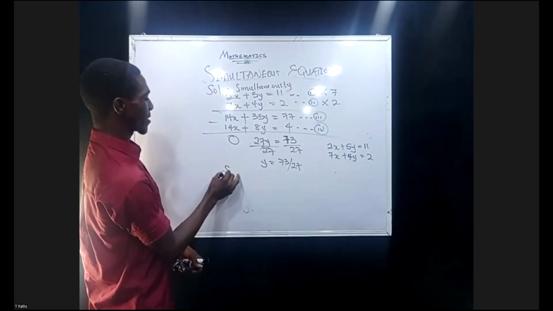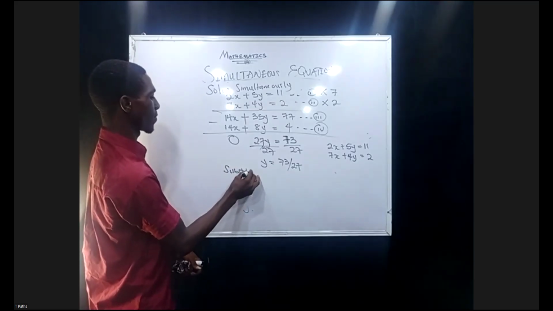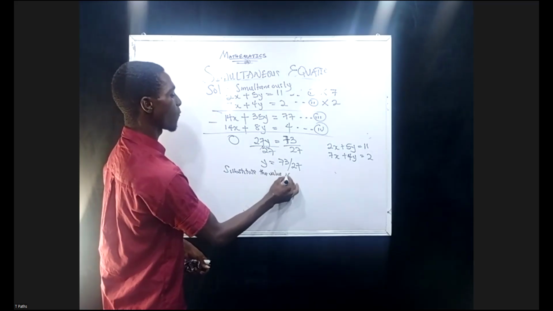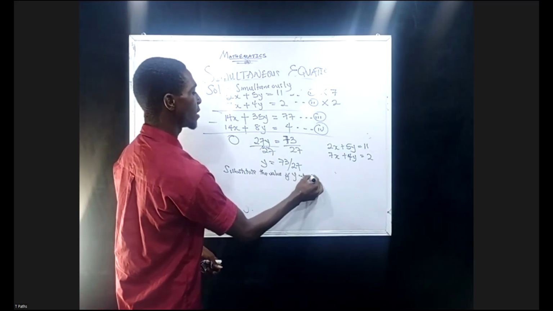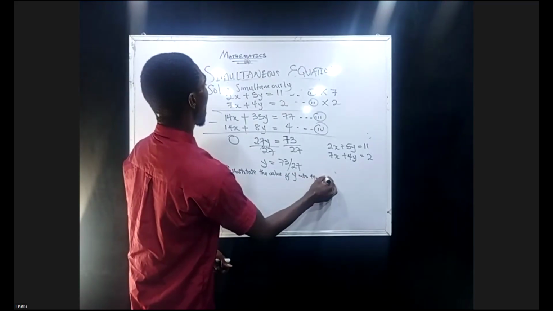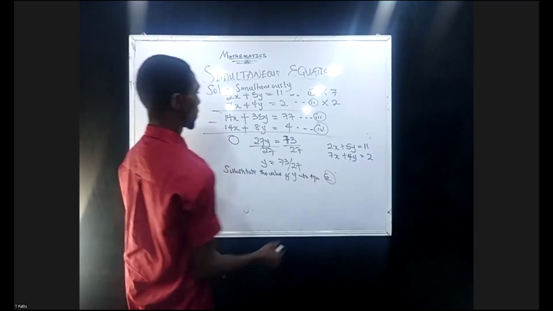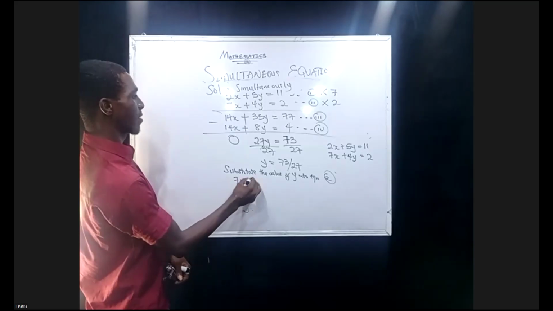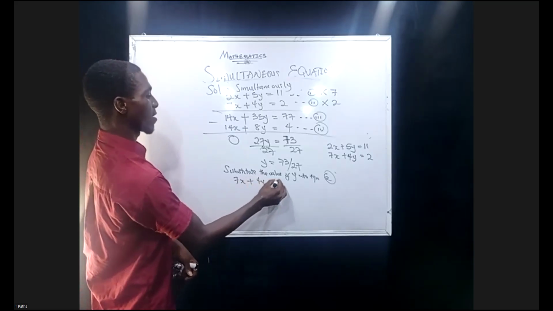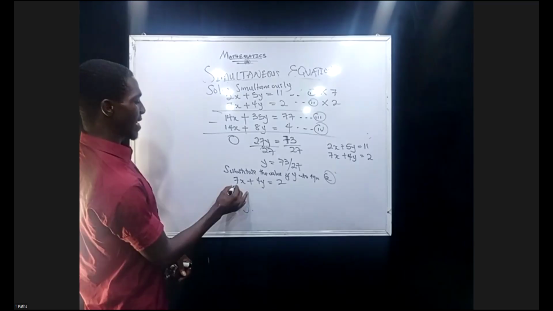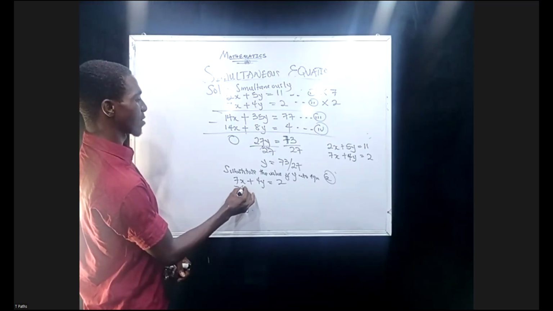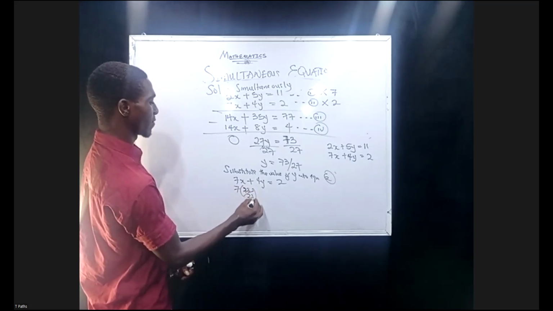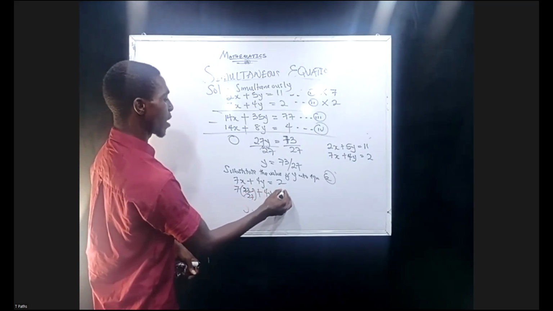The next step is to substitute the value of y into an equation. I go with equation 2. Equation 2 says 7x plus 4y equals 2. Then here we have 7 in bracket of 73 over 27 plus 4y equals 2.